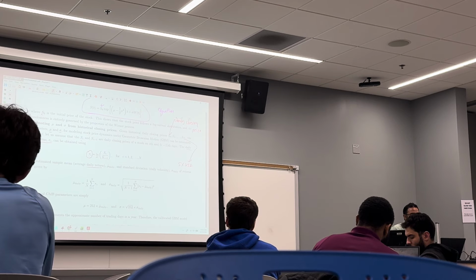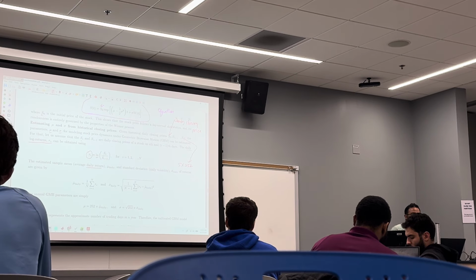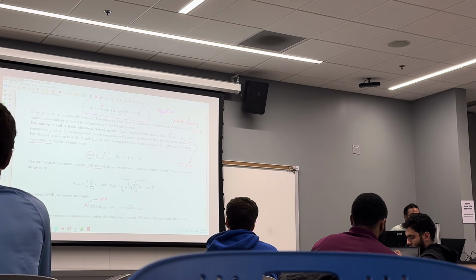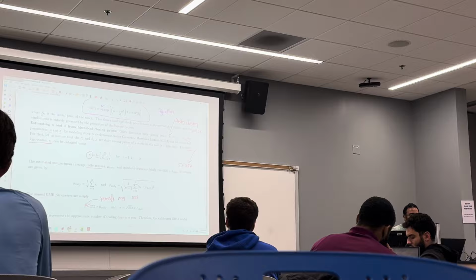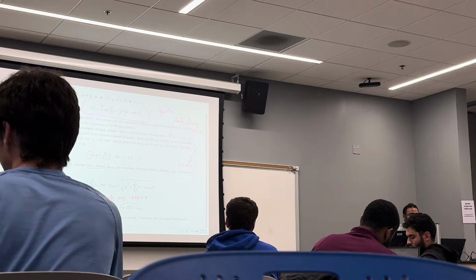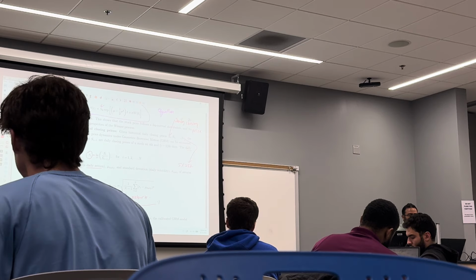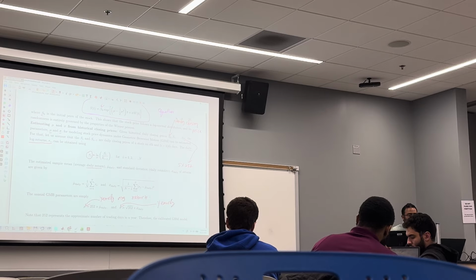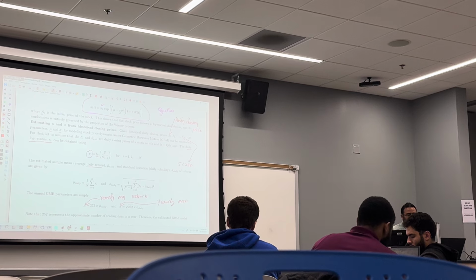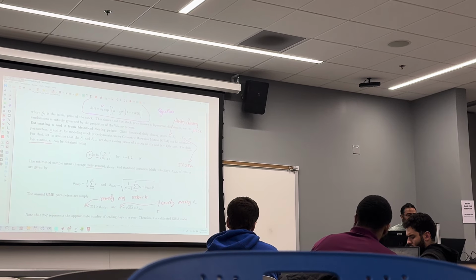Now you just multiply by 252 to get the yearly return. So this is your yearly average return, and this is your yearly average volatility.